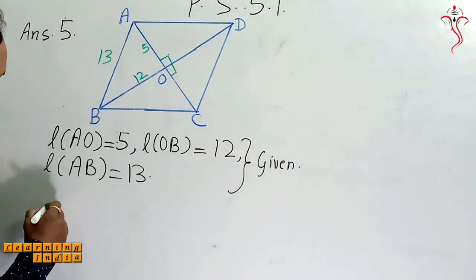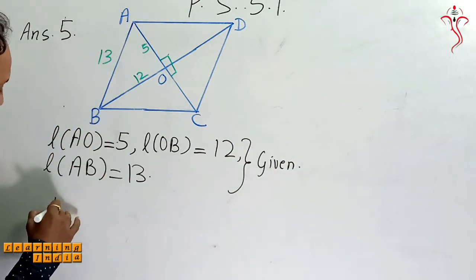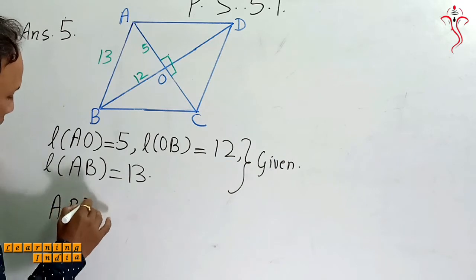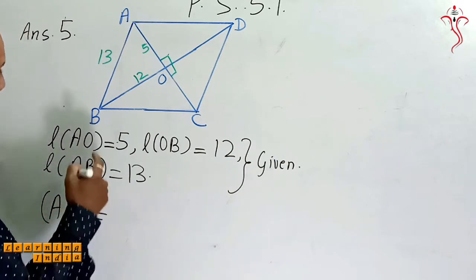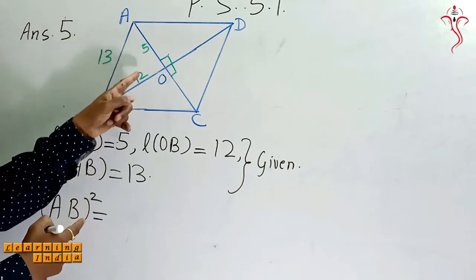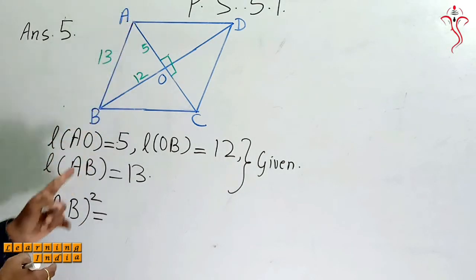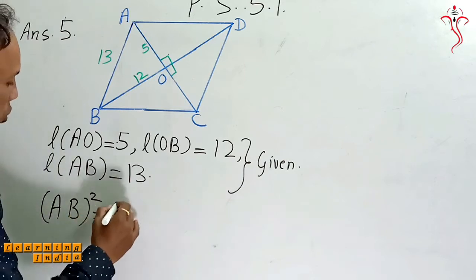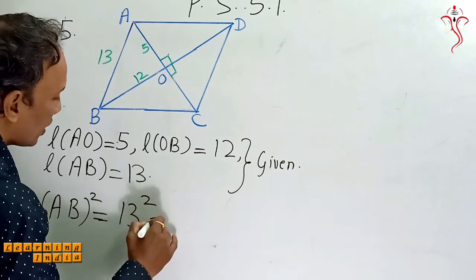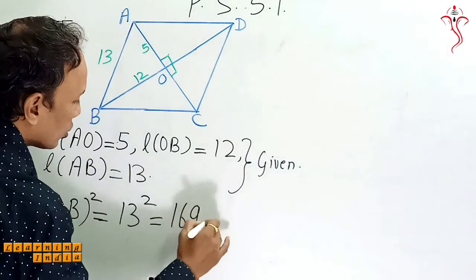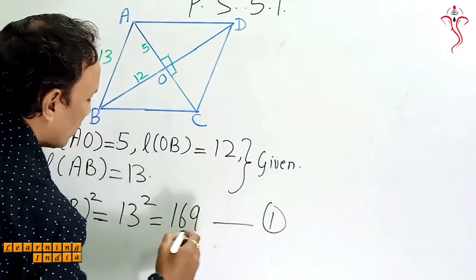So first we will see here कि AB square is equal to what? Which is the bigger number? 5, 12 or 13? 13 is the bigger number. AB square is equal to 13 square is 169. So let that be my equation number 1.